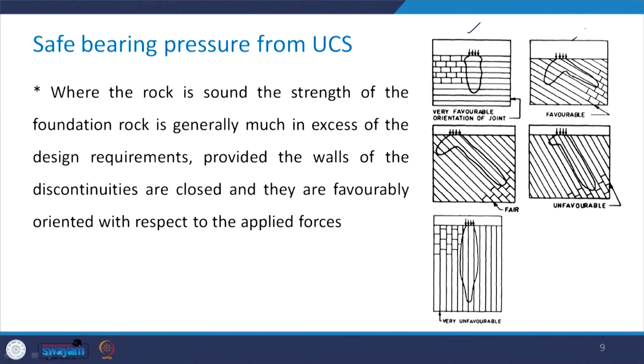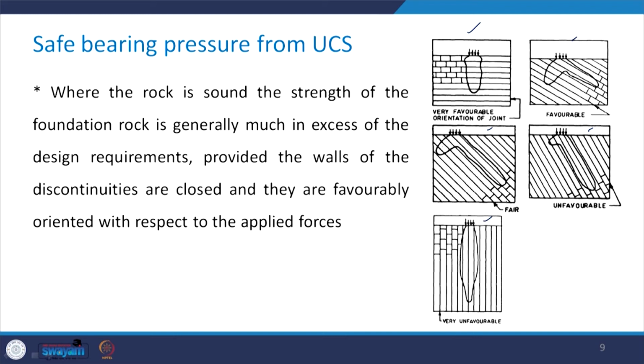Provided the walls of the discontinuities are closed and these discontinuities are favorably oriented with respect to the applied forces. Now, when I say whether these are favorably oriented or unfavorably oriented, I explained these situations with the help of these figures.